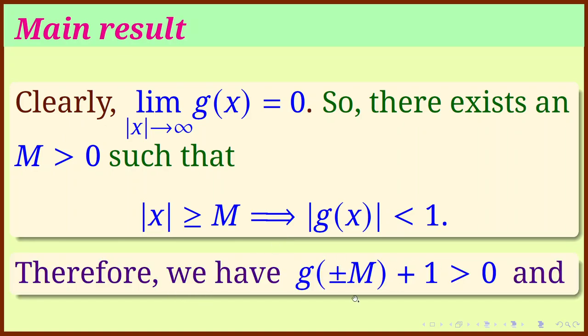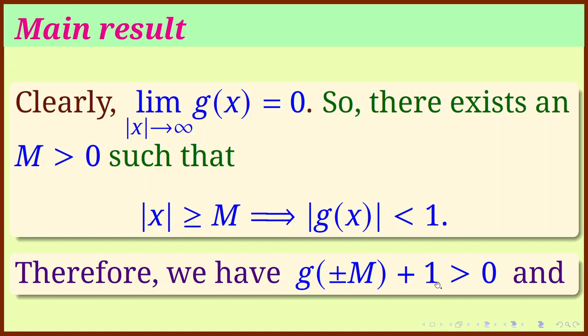So there exists m satisfying this. Therefore, in particular, if I take x equal to plus m or minus m, then g of plus or minus m is less than 1 and at the same time greater than minus 1. Therefore, g of plus or minus m plus 1 is always greater than 0, because this quantity is greater than minus 1.